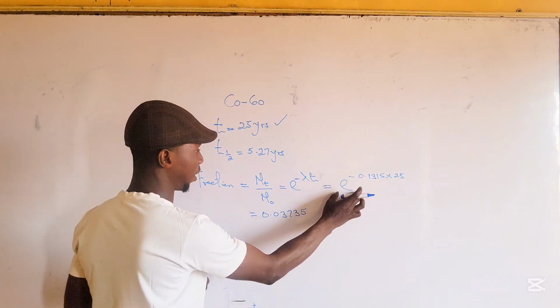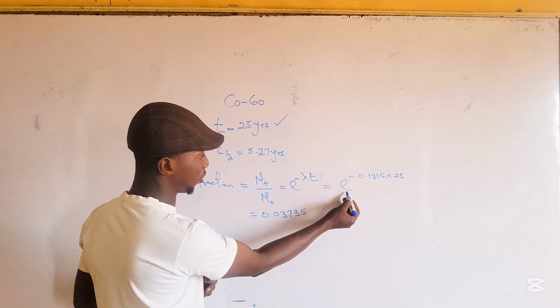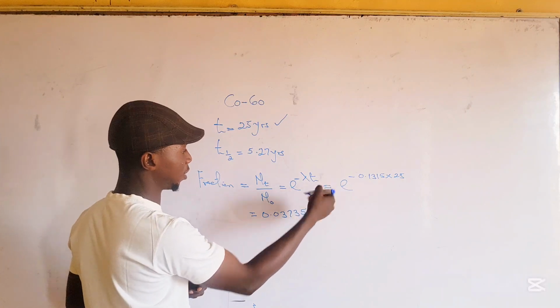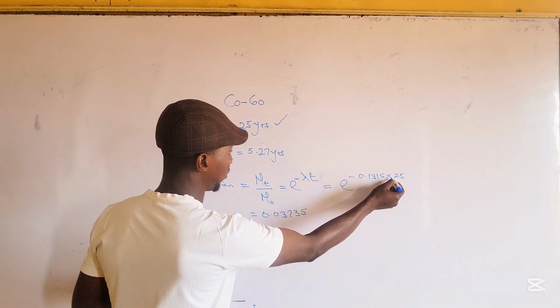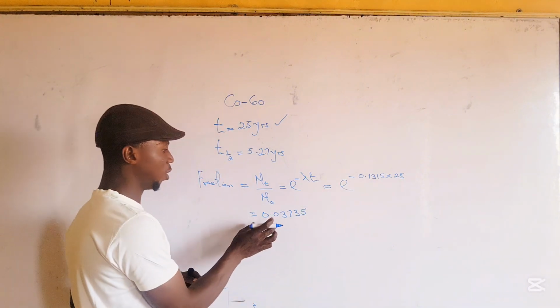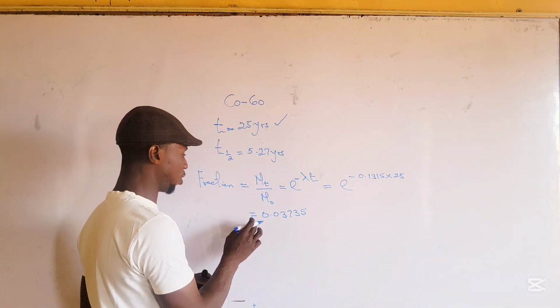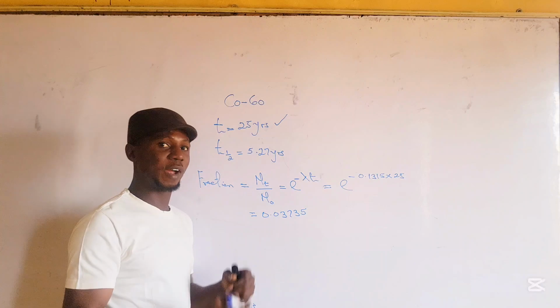If you press this in your calculator, you can press shift of ln. There's ln on your calculator. Shift of ln raised to power minus 0.1315 multiplied by 25 is going to give you 0.03735. So this is the fraction left after 25 years.